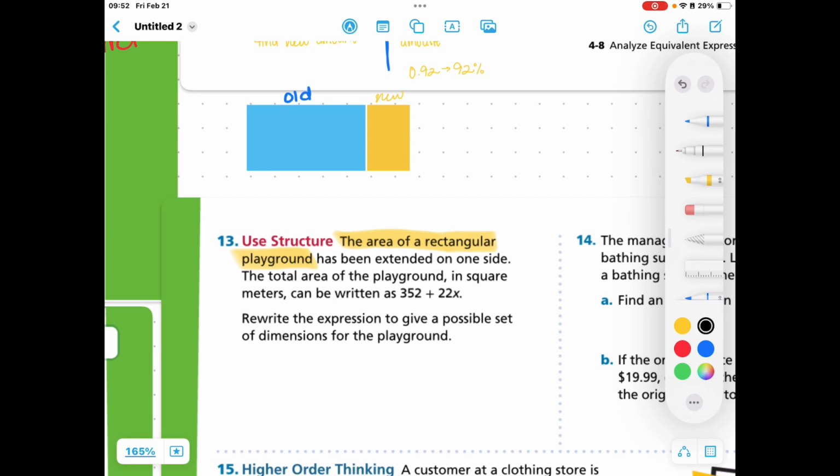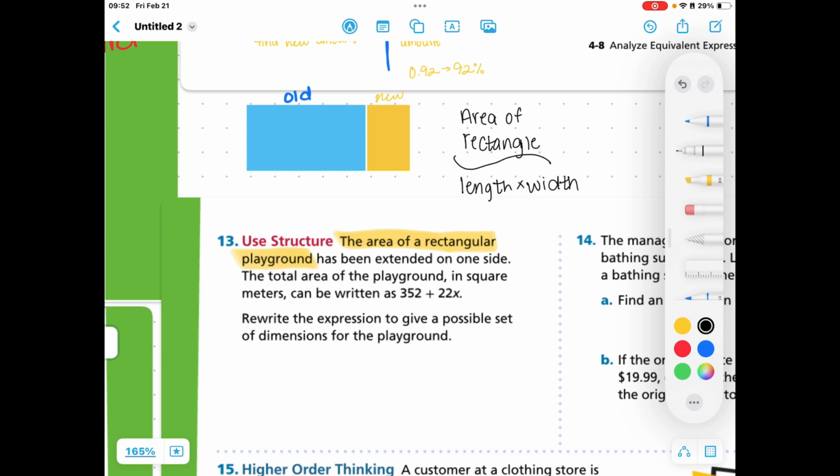Now keep in mind, we still need to know the area of a rectangle. That's going to represent your length times width.